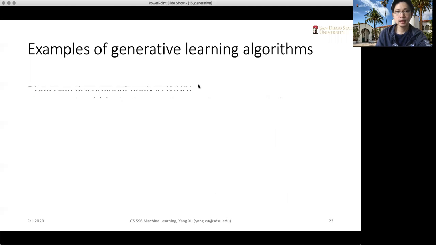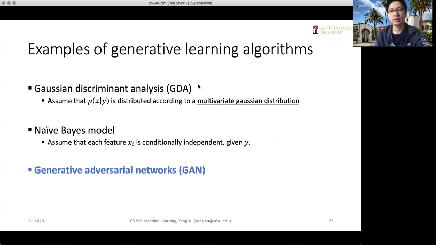Lastly, let's look at the third type of generative models, which is called generative adversarial network. As I said before, this is not very closely related to the classification tasks shown in the previous two examples. But it's a pretty new technique, and it's getting more and more popular in the field of machine learning in general.